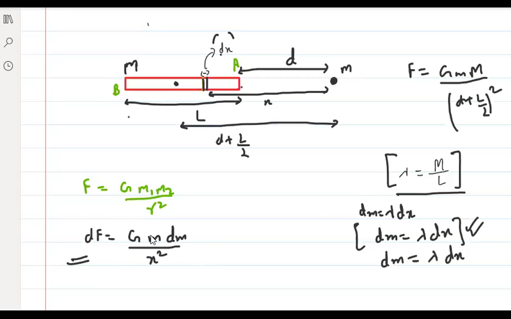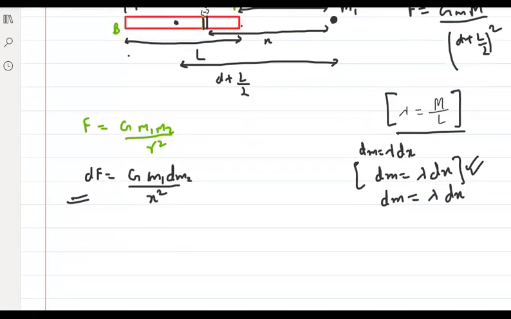By the way, I'll write this as M1 and this as M2, because you might get confused. No, we cannot integrate because this is M2 and this is x. You have to convert this in x terms, because integration or differentiation happens with the same variable.